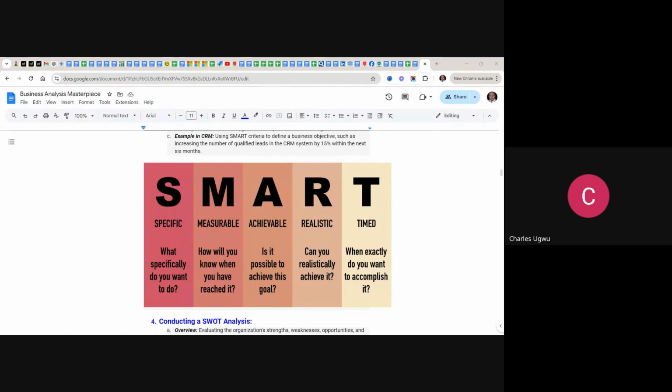If the budget they are providing cannot do that, then it's not achievable. If they're not allowing you to provide enough human resources to finish this work before the time, it's not achievable. It's not realistic because it cannot be done.